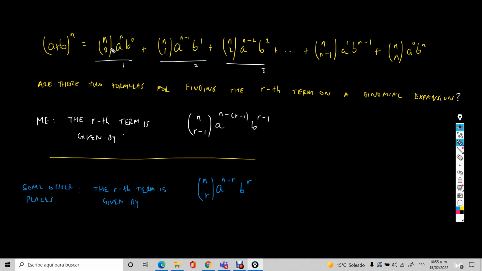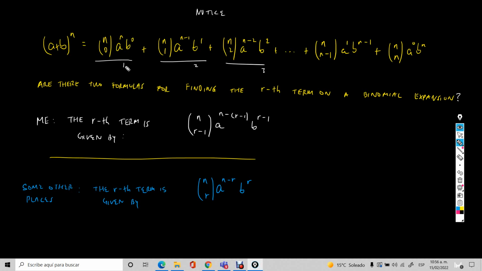And I realize that the only things that are changing in these terms are this number, can you see, and the exponents of these two numbers. Look, that's the only thing. So just notice the pattern.